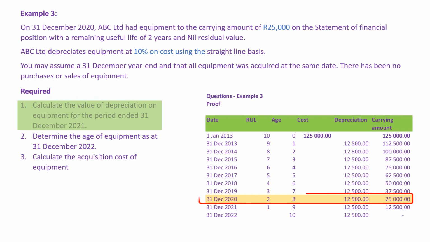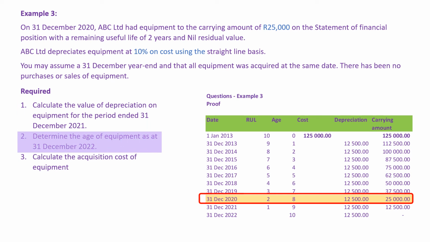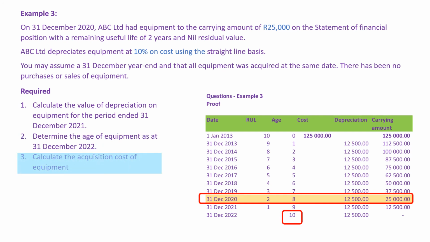We calculated it to be 12,500. Requirement number 2 asked us to determine the age of equipment as at 31 December 2022, and we worked it out to be 10 years. Requirement number 3, calculate the acquisition cost of the equipment, which we calculated to be 125,000 rands. Thus, all of our figures are in balance, and everything is in balance because our carrying amount as at 31 December 2022 is nil, as you can see at the end of the table.